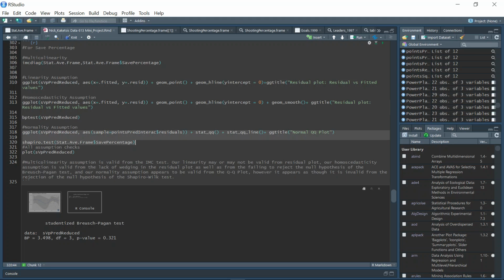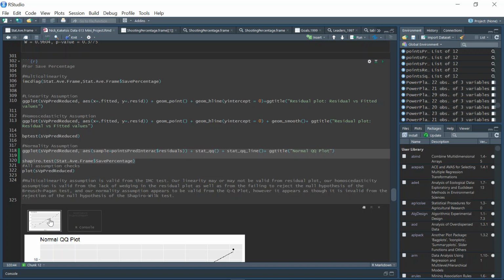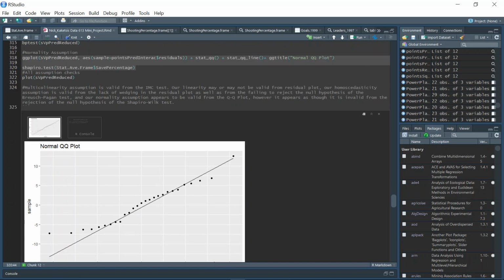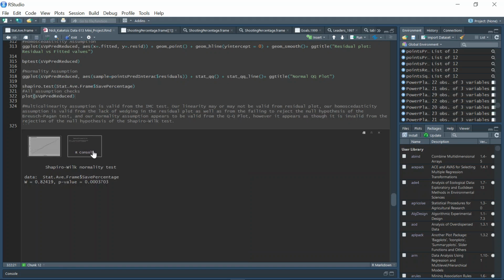Now for our normality assumption. I'm going to run this, and we're going to look first at the QQ plot. It looks oddly similar to our other QQ plot. However, our Shapiro-Wilk test shows that our p-value is quite low, which is below significance, meaning that we reject our null hypothesis that this data is normally distributed.